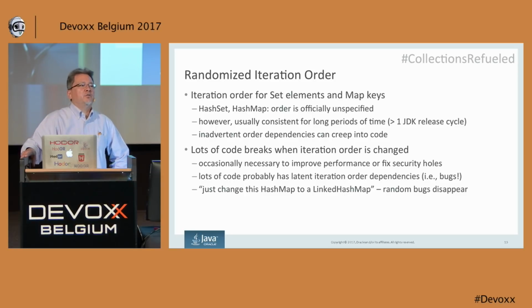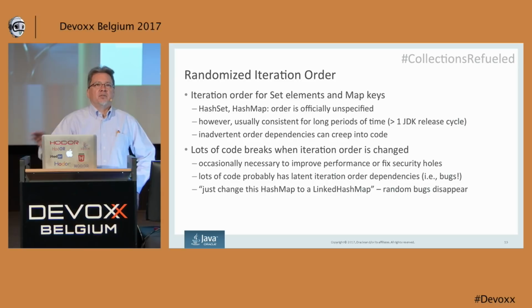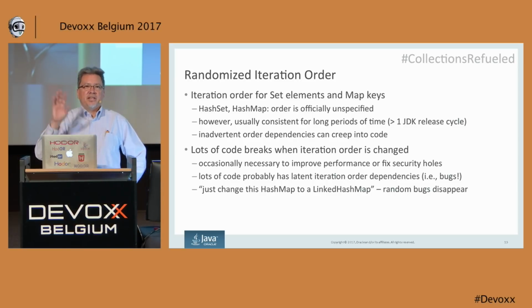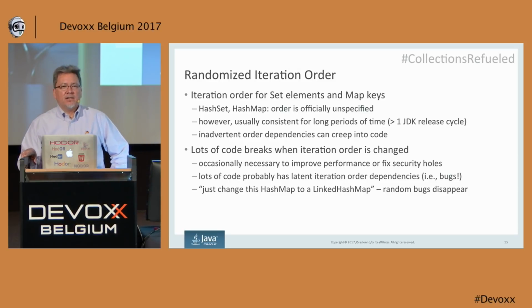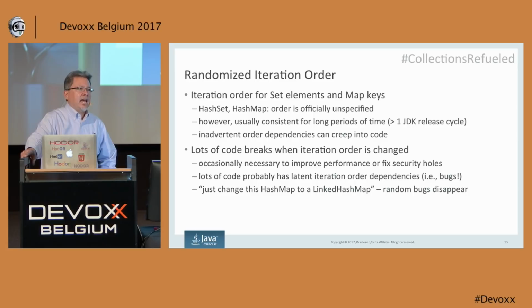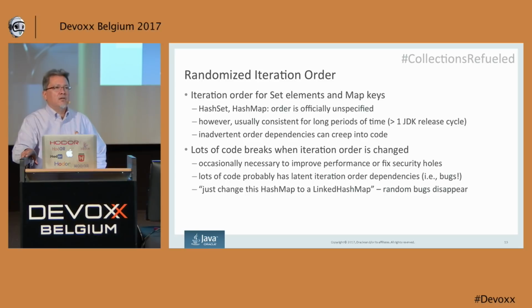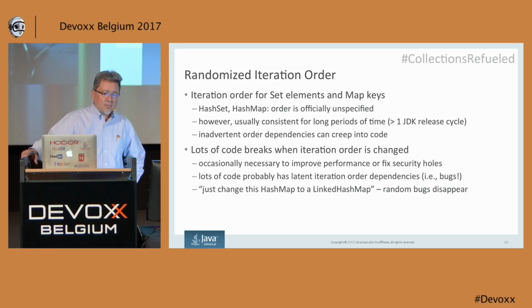And so it turns out if you put a bunch of strings into a hash set, they'll come out in alphabetical order if they're the same length. So the typical thing is you add A, B, and C to a hash set, and if you iterate over the hash set, they come out in order. And that is very misleading. In practice, code gets written that makes assumptions about the iteration order of hash set and hash map.